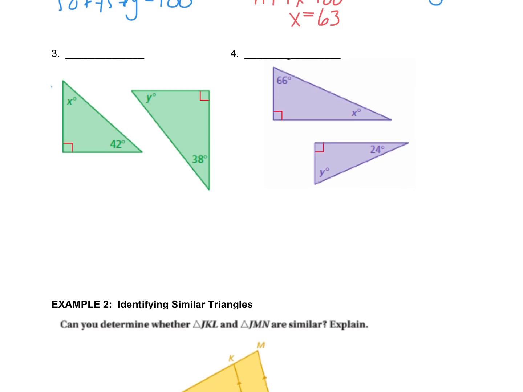So here's another one. Again, we can start right away by saying this angle right here matches this angle. We know they're both 90s. So if I just look at my calculations, x plus 42 plus 90 equals 180. 42 and 90 is 132.